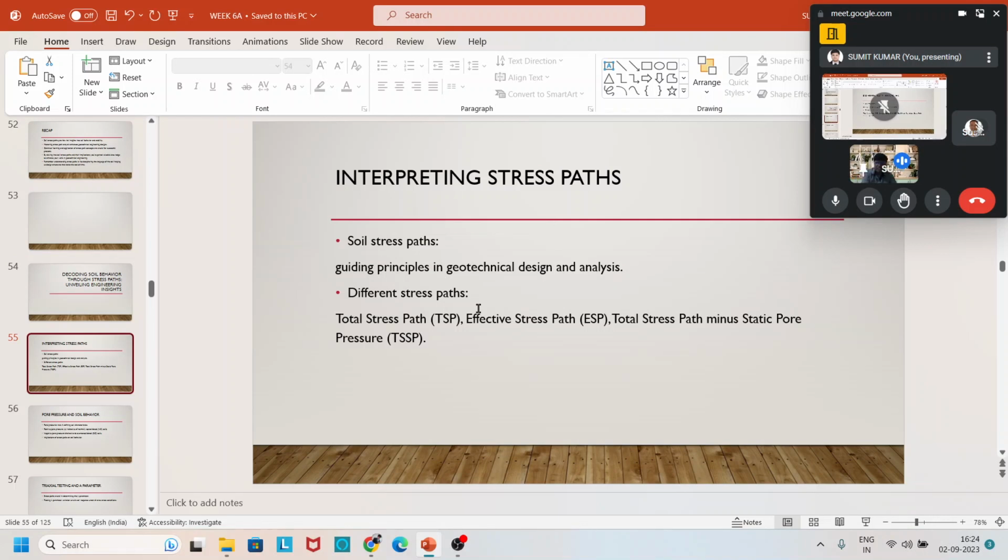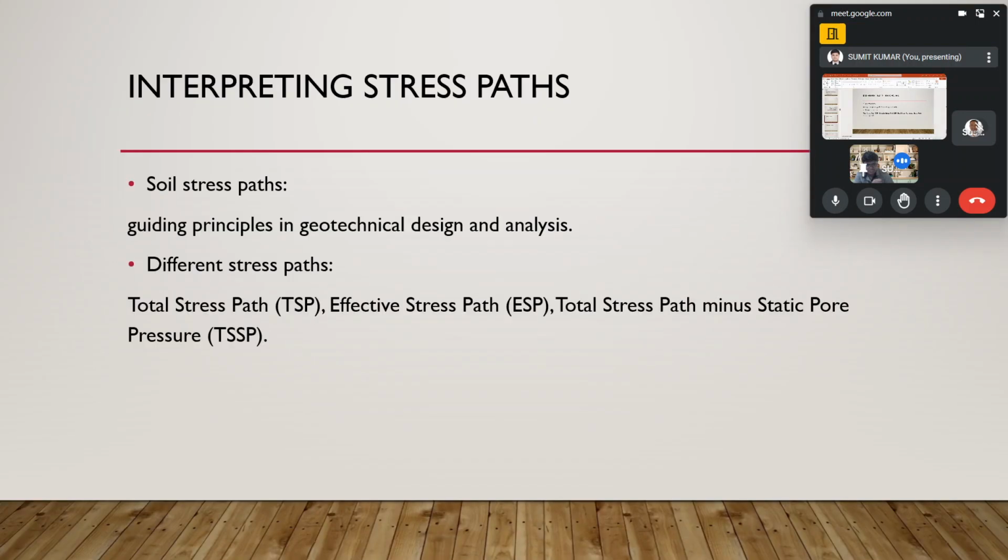The soil stress path is basically one of the guiding principles, because in every aspect, in any section we go, there must be a benchmark. A benchmark is the guiding principle for us in going in that direction only, because in any experiment we are going to perform, a specific specification is provided, like we have to follow this section only.